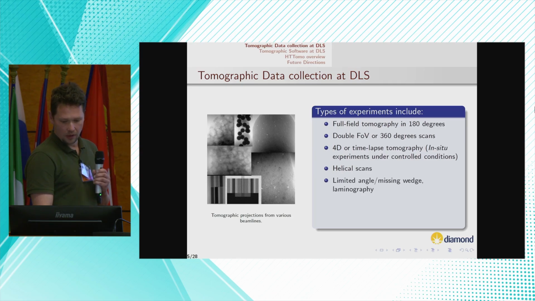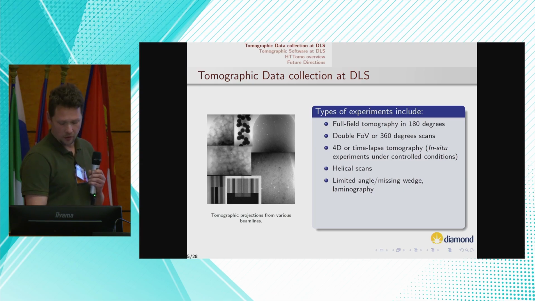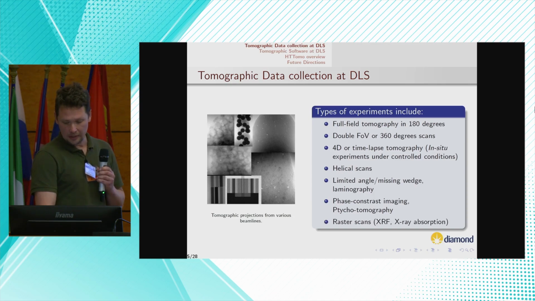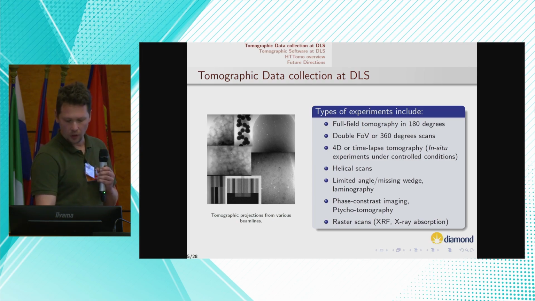Then also a variety of experiments where rigs, for instance, are involved, and there are limited angles, so a missing wedge, also laminography, and phase contrast imaging, which sometimes also leads to tomography, where tomographic reconstruction is required, and also raster scans like with pencil beam, but the amount of data collected there is usually smaller.